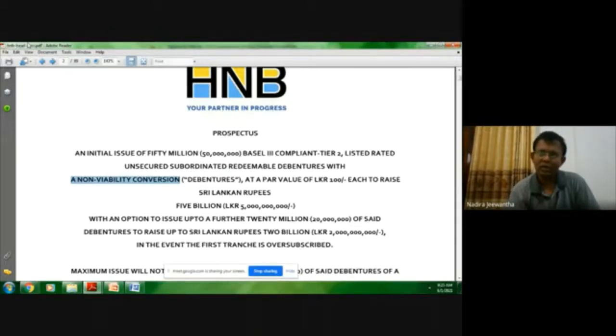For the debenture holders, what do you pay in compensation? Interest, coupon interest. For the share, if you become a shareholder, you have to pay dividend. Now, in this particular debenture, which is a liability of HNB, if you are an investor in this particular debenture, you have the opportunity to become a shareholder.